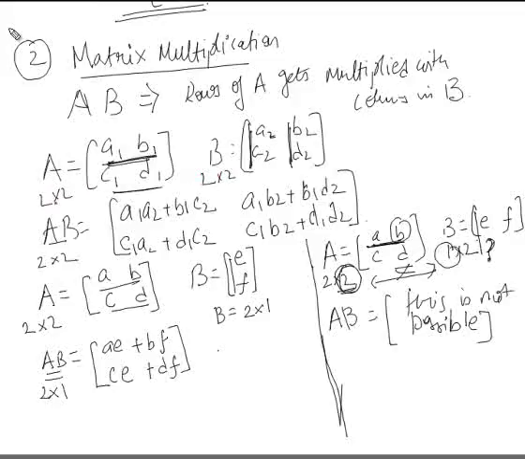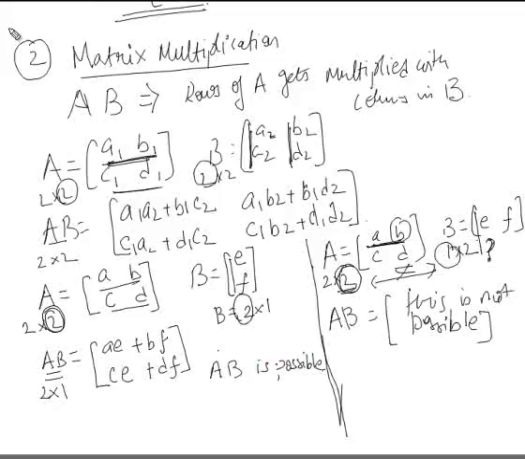If I have to multiply the rows with columns, the columns and rows were matching. Similarly, A was a 2 cross 2, B was a 2 cross 1 matrix, but still the number of rows in the second matrix matched the number of columns in the first matrix. So it is possible to multiply. Correct? So if I generalize, if I have to multiply A and B, AB is possible.